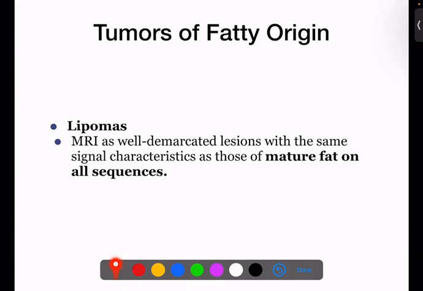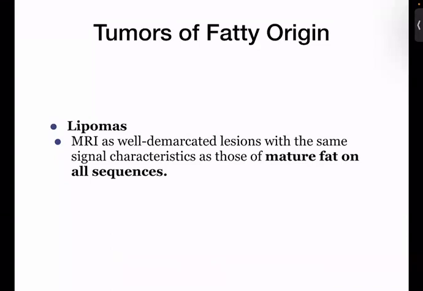But lipomas are very easily diagnosed, okay? On MRI, they look the same as mature fat on all sequences. Look at this sentence, mature fat on all sequences, all of them, okay? So we're gonna repeat all of what we said.